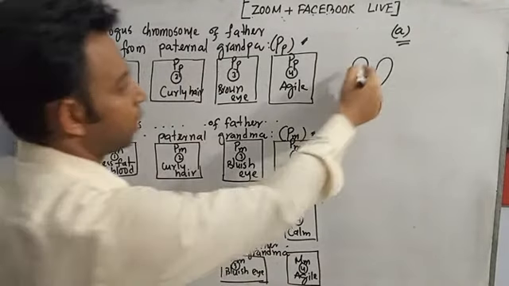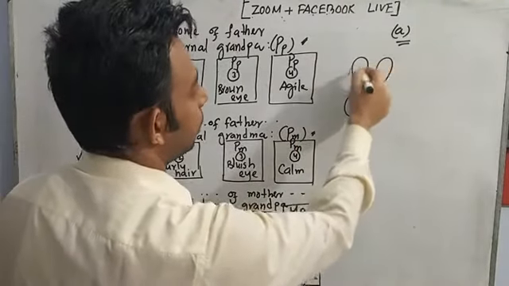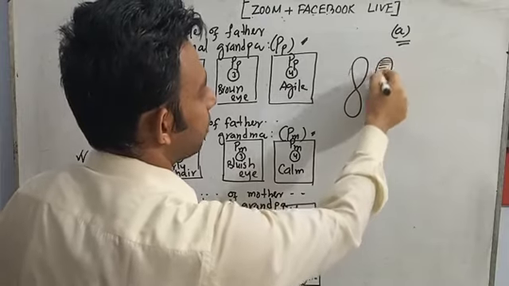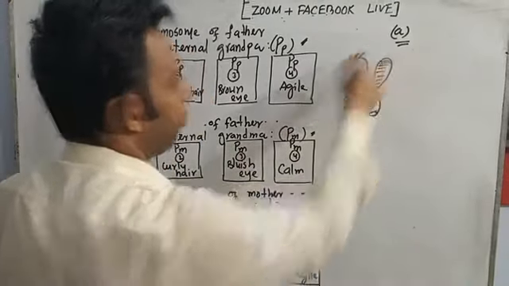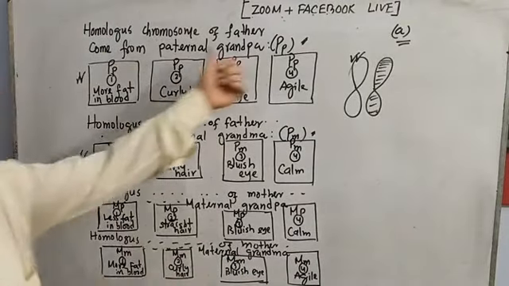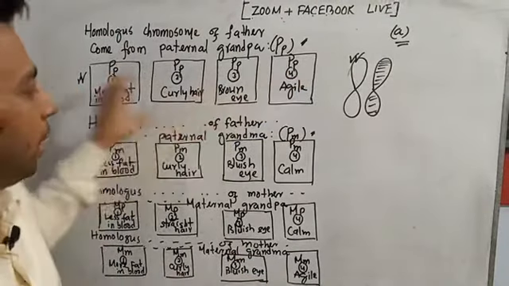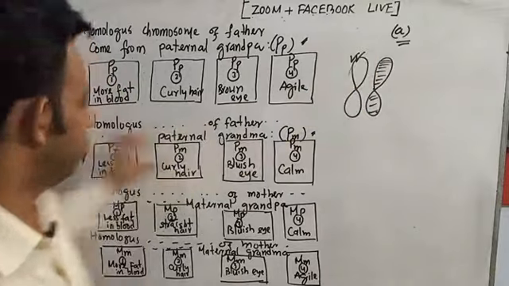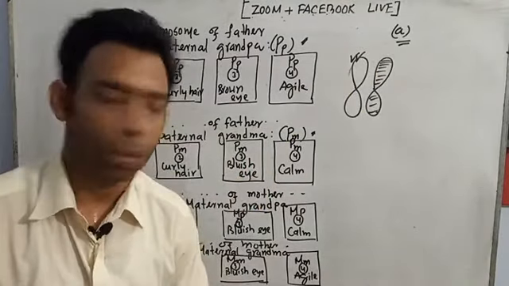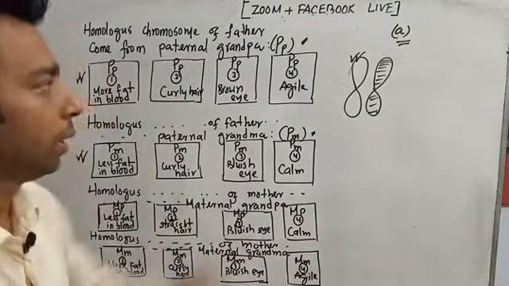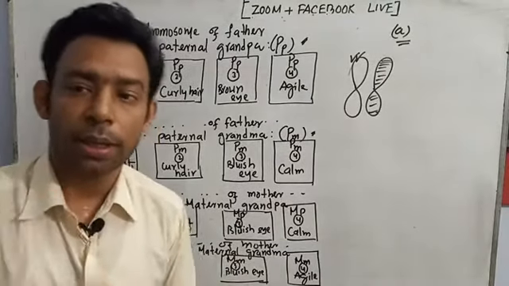The father got two chromosomes. Suppose this one the father got from his paternal grandpa, and this one from his paternal grandma. These two chromosomes are the homologous chromosomes.